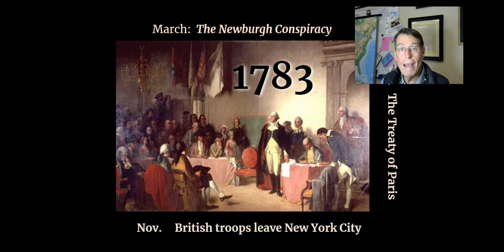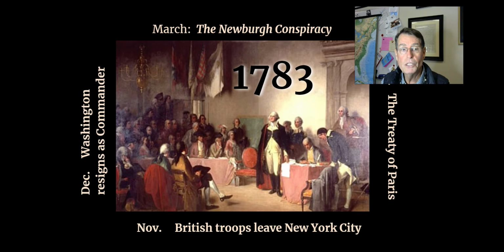British troops will evacuate New York City, and Washington does the shock to the world because it's never really happened before, other than going back to Roman times. I think it was a fellow by the name of Cincinnatus, but that's another story.